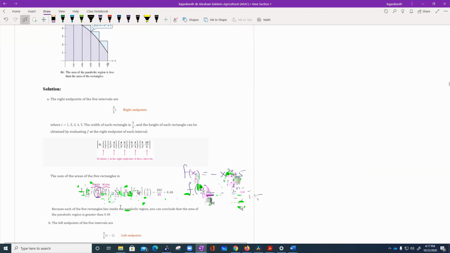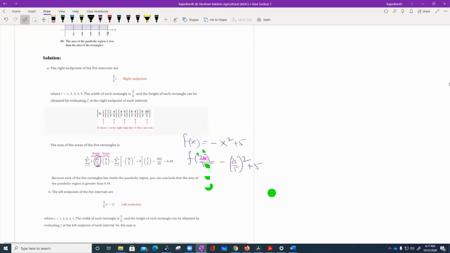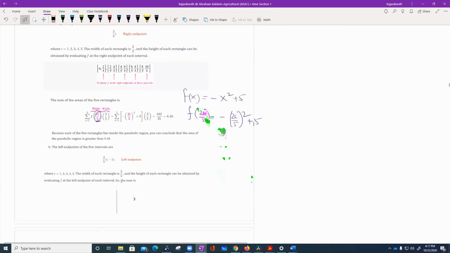That is why you have this step. Then use some algebra and simplify. So let us simplify this. How do you simplify? Square them. 2 squared is 4, i squared over 5 squared is 25, then plus 5, right?